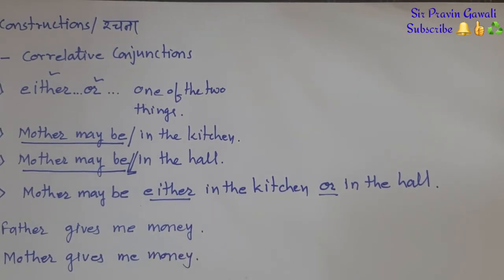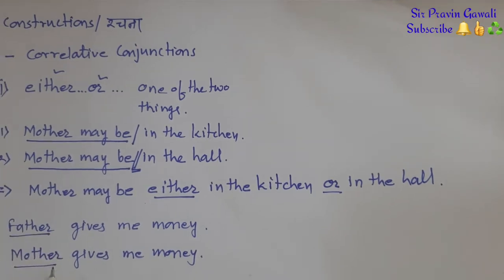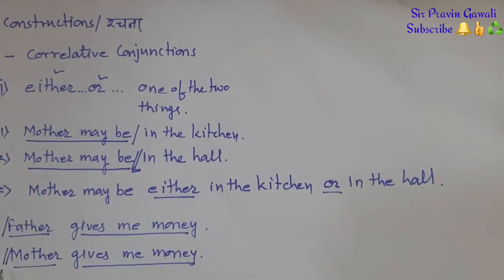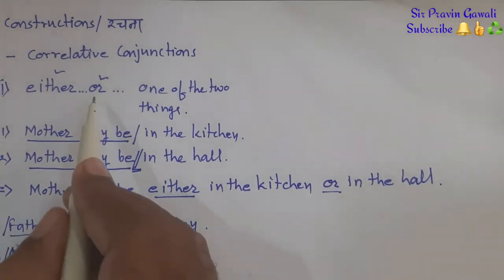Students, in this sentence, father and mother both are subjects. The rest of the part is similar. Gives me money. Gives me money. So we will put a slant line in front of father and mother. Where there is a slant line, there we can use either, and where we find the two slant lines, there we can use or.